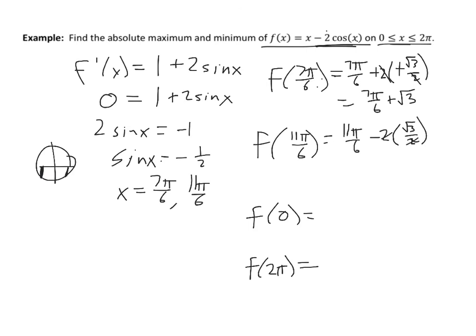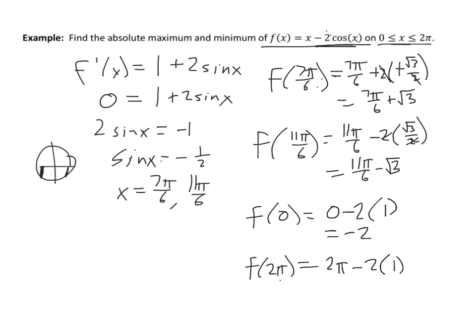So the 2's will drop out, and this is going to be 11 pi over 6 minus root 3. All right, and then it's f of 0, so I'm taking 0 and plugging it up here. This will be 0 minus 2 times the cosine of 0, which is 1. That's negative 2. And then finally plugging 2 pi in up here, I'll get 2 pi minus 2 times the cosine of 2 pi, which is also 1, so this is 2 pi minus 2.